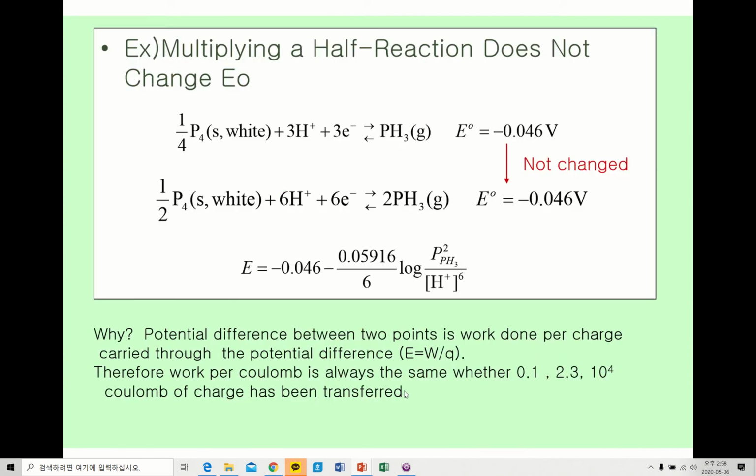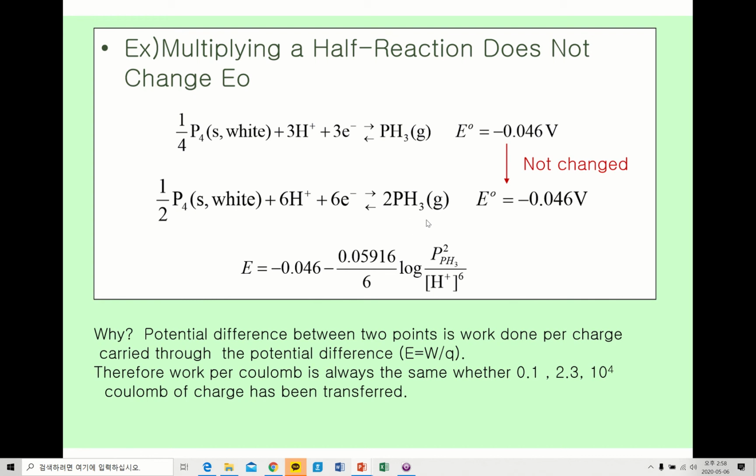Quite simple. But there is a very important aspect here. We wrote this equation like that. But if you multiply both sides by 2, then this one is 1/2, and not 3 protons but 6 protons and 6 electrons and 2 PH3 gas.